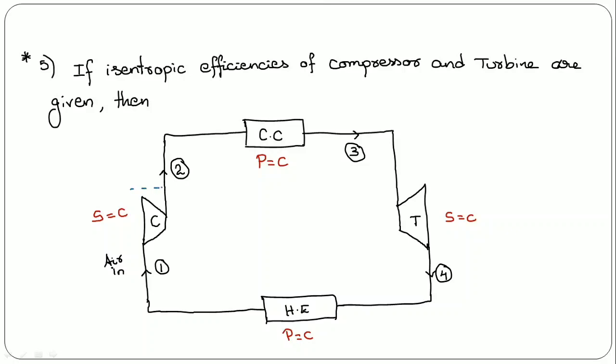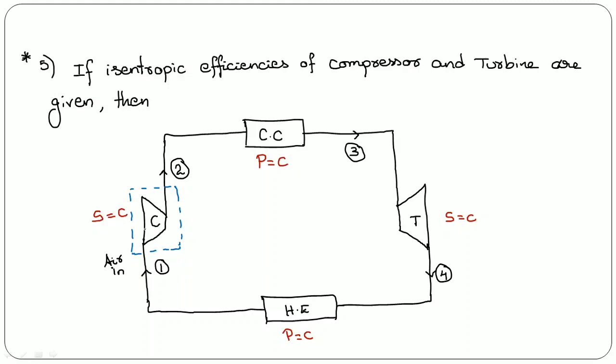Suppose we consider only this compressor as our control volume. Now fluid is entering into the system and leaving the system. Therefore mass enters and leaves the system, and at the same time energy enters and leaves the system. So this can be considered as an open system.